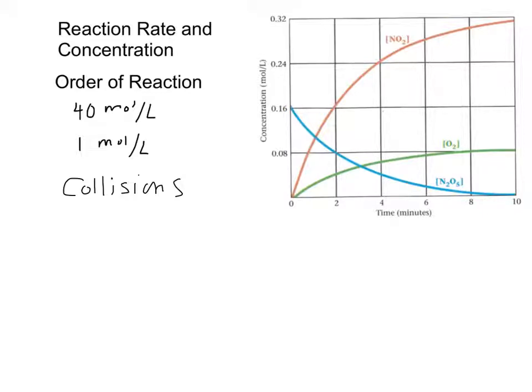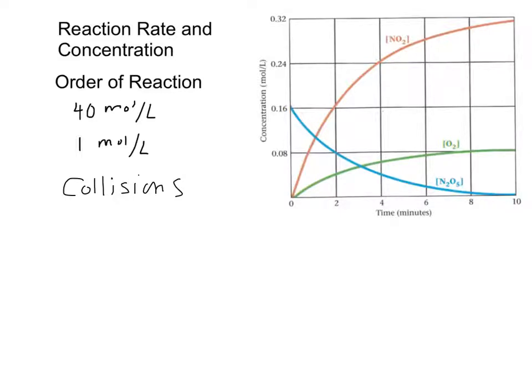So the more particles I have in a given amount of space, the more likely they are to collide, and so the reaction occurs faster. As the reactants get used up, though, their concentrations drop, and collisions occur less frequently, and the reaction rate decreases. So reaction rates get slower over time as reactants are used up and there are fewer collisions.